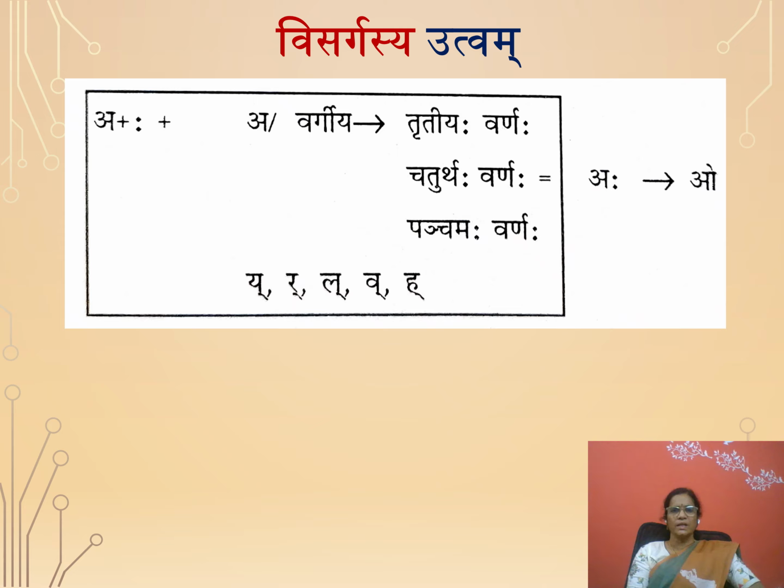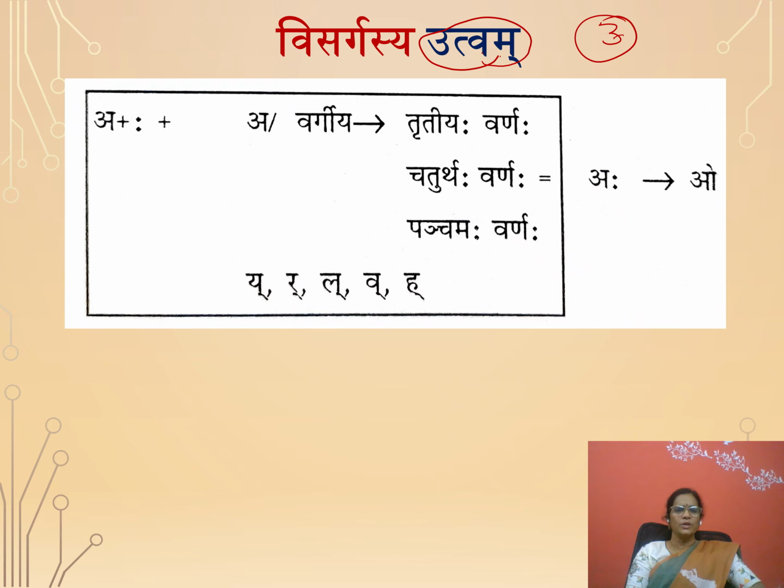In Visarga Sandhis, the first one is Visargasya Utvam. That means if vu comes in the place of visarga, that is called Visargasya Utvam. Then what is the rule to get vu in the place of visarga?